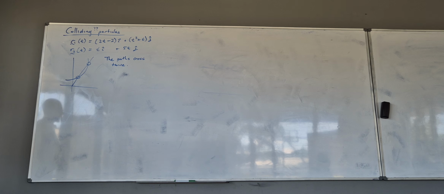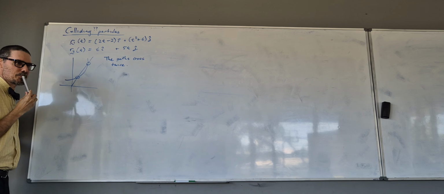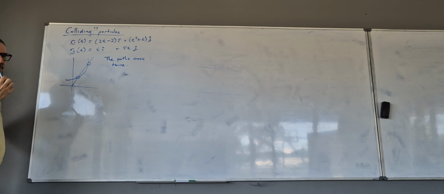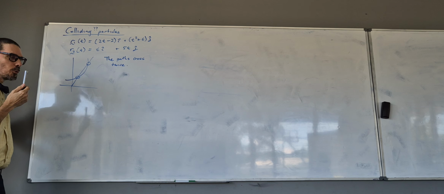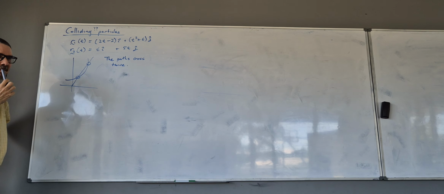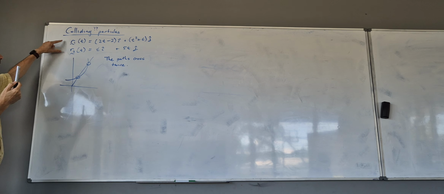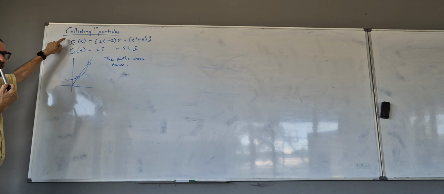So what can I do about that? Do it on paper, or graph it yourself. Or can I turn this into a Cartesian equation? Yeah. Remember doing that?